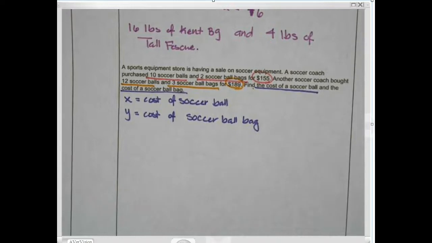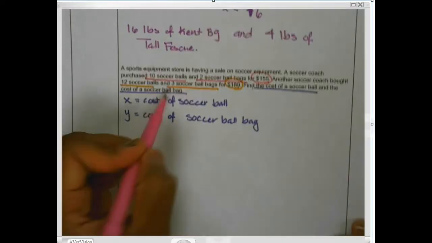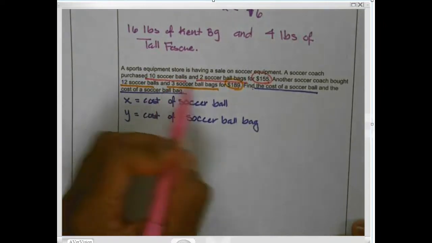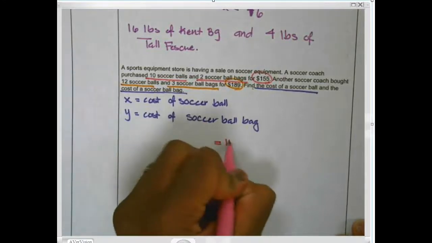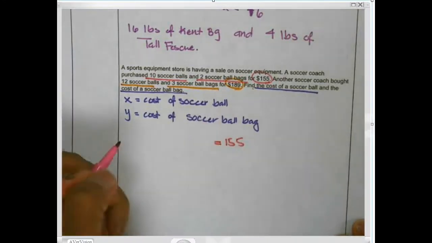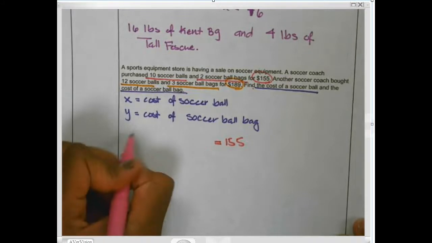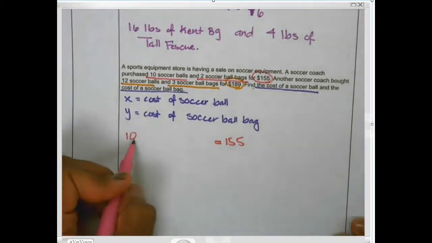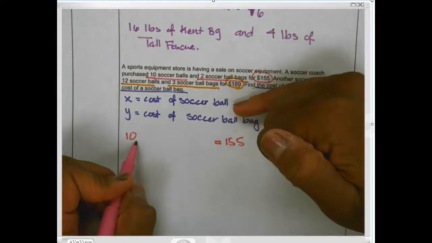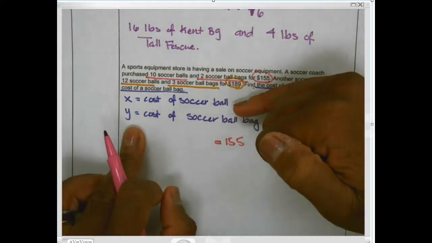So, what's my first coach? I think I did that one in this pinkish color. 10 soccer balls and 2 soccer ball bags for $155. So she spent a total of $155. So there's 10 soccer balls for how much? If the soccer ball was $10 and she bought one of them, she spent $10.